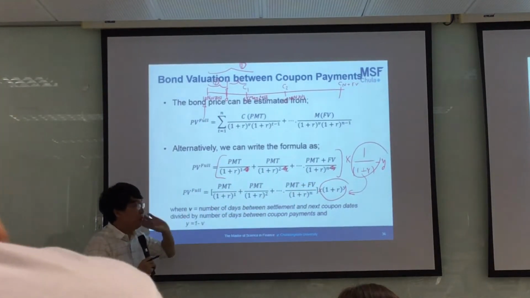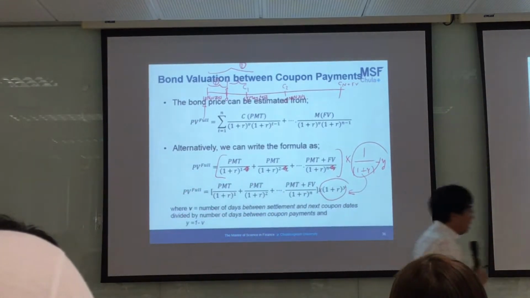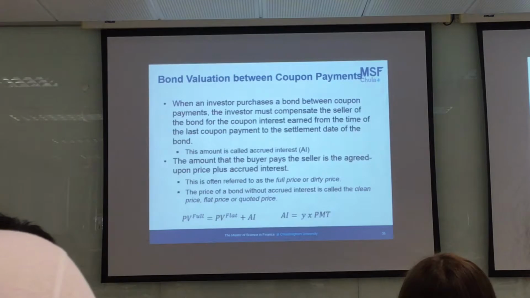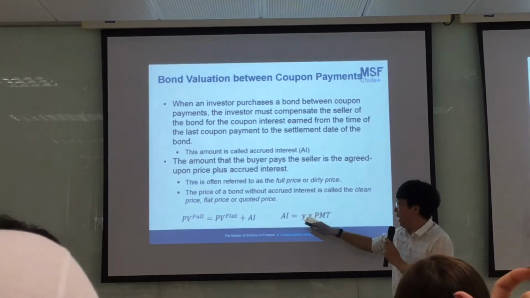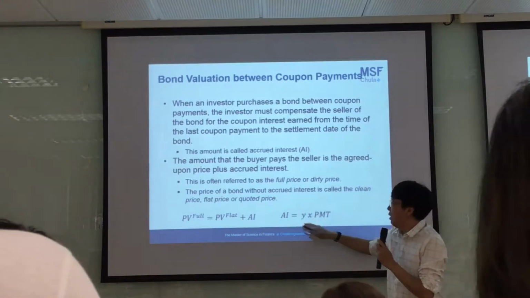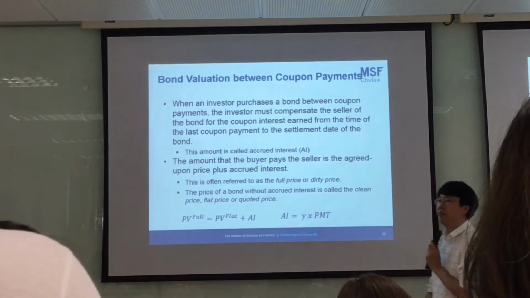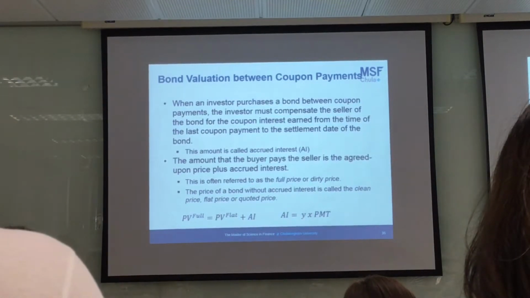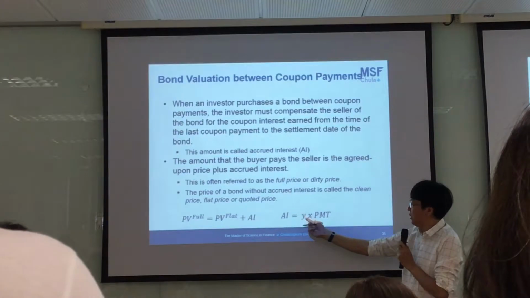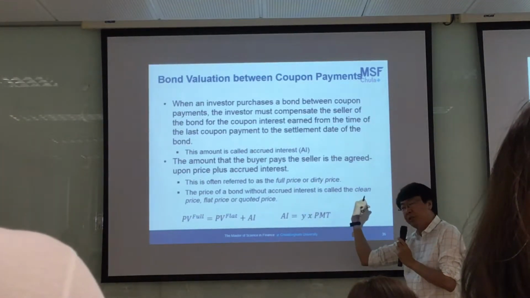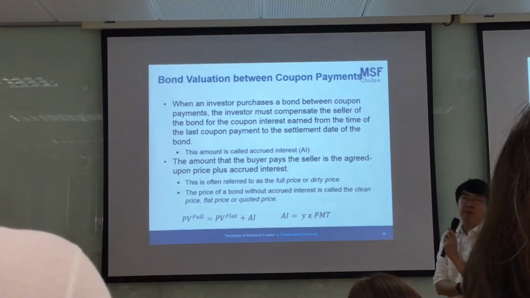To come up with the flat price, you need to know the full price like this first, and then you just subtract the accrued interest. You know the accrued interest, you know the full price, so you can estimate the flat price. And the accrued interest AI is just equal to Y that we just discussed on the previous slide, multiplied by PMT.